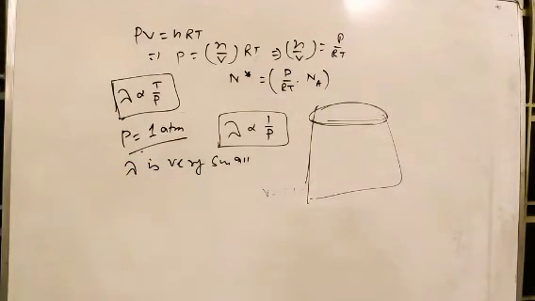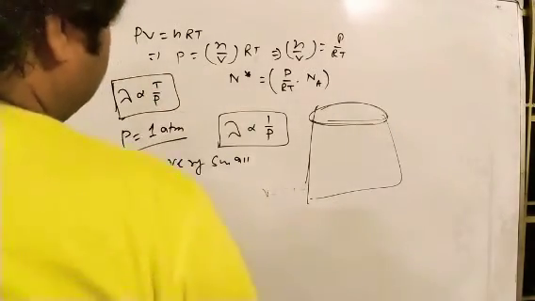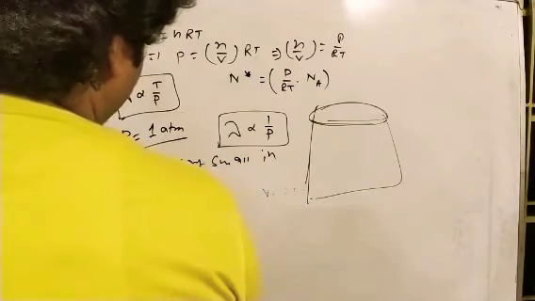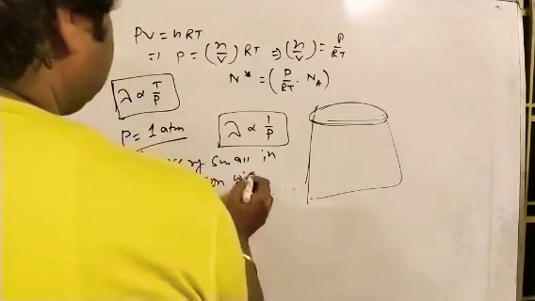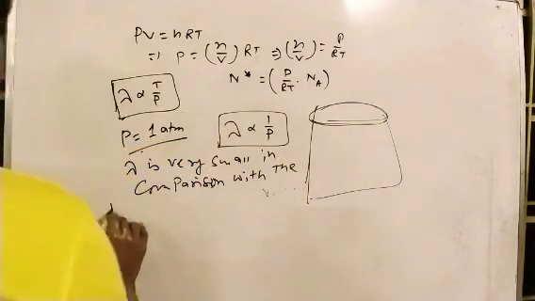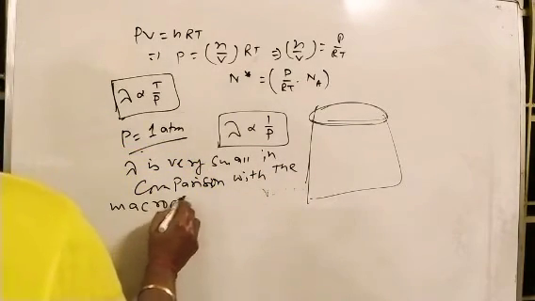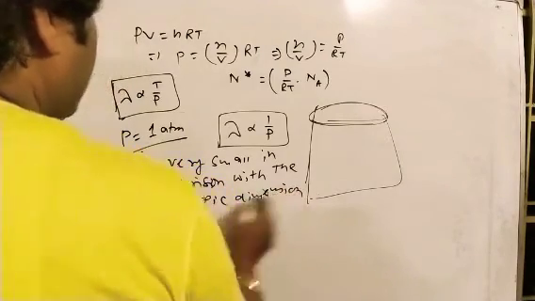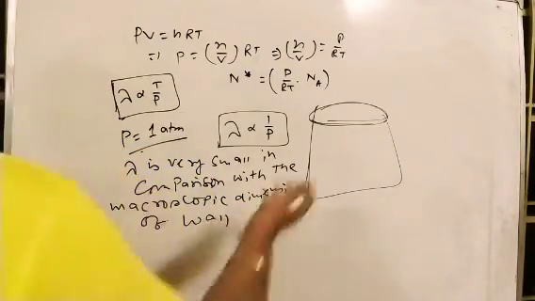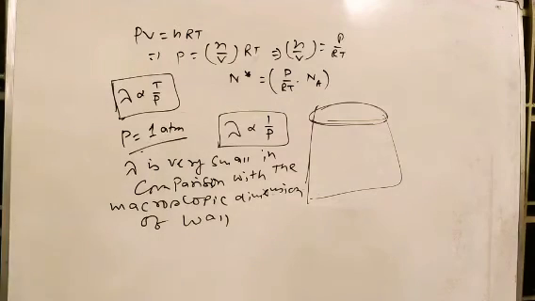Write down, lambda is very small in comparison with the macroscopic dimension of the wall. Like, what is the dimension of the wall? It can be 1 centimeter, it can be 10 centimeters. So lambda is very, very small among that.